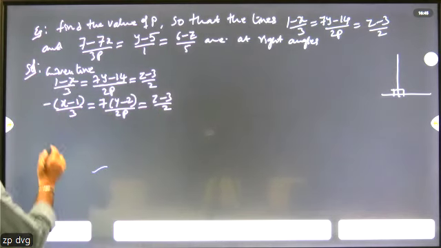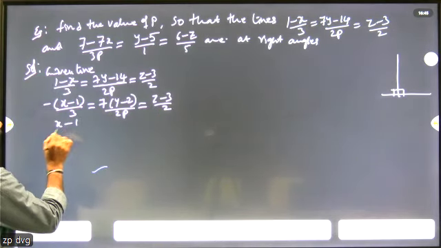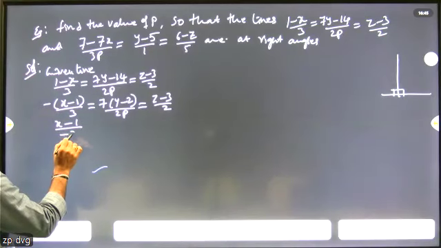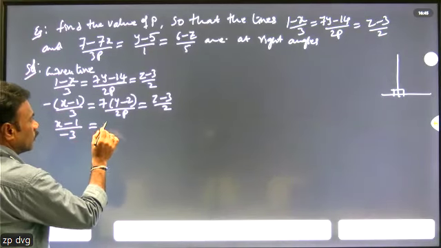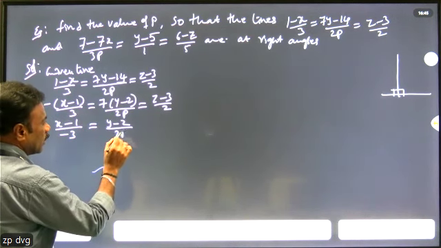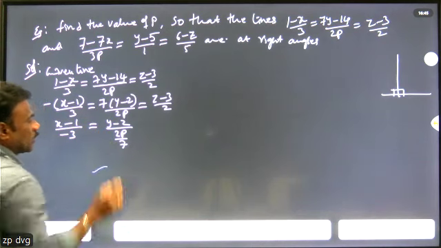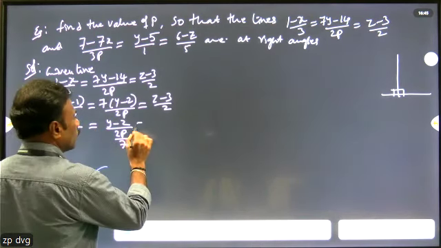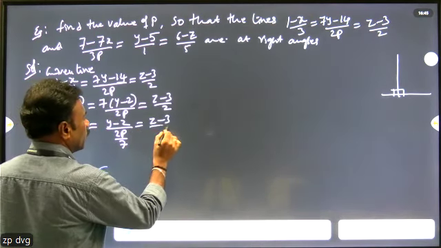So now you can write this as x minus 1 by minus 3 is equal to y minus 2 by 2p by 7 is equal to z minus 3 by 2.